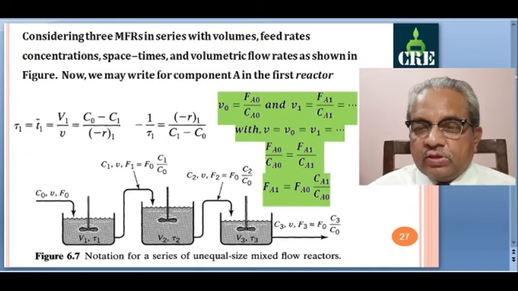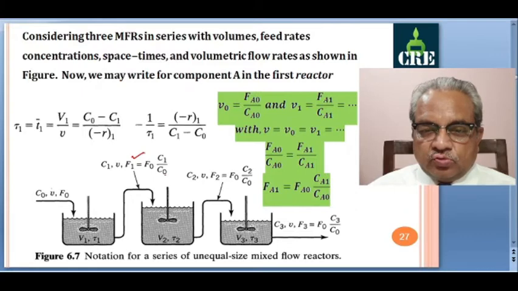But V is constant, V is equal to V0 is equal to V. So the same ratio can be equated. FA0 by CA0 is equal to FA1 by CA1. So you can write FA1 is equal to FA0 into CA1 by CA0. If you drop subscript A, it is simply F1 is equal to F0 into C1 by C0.